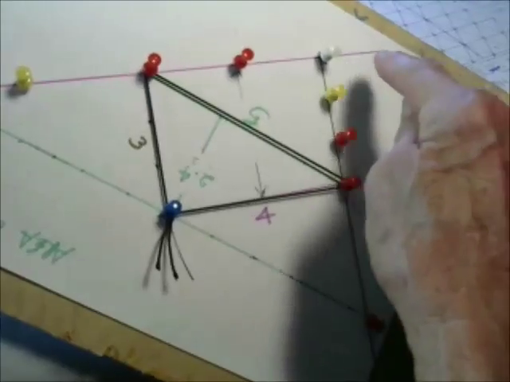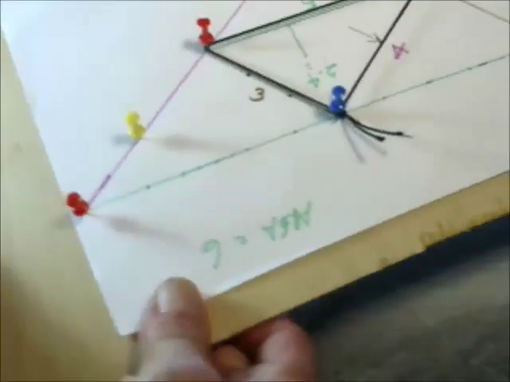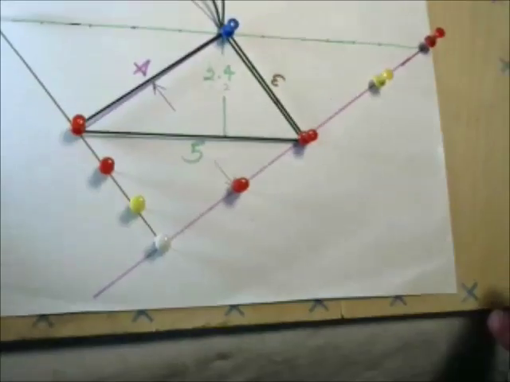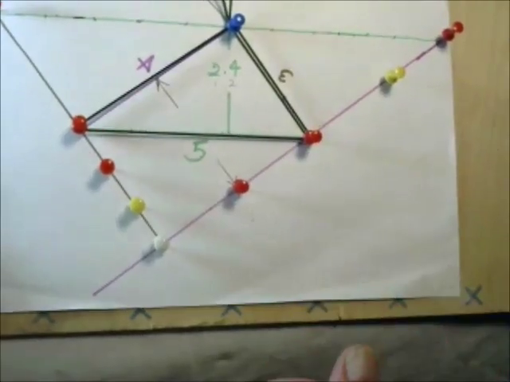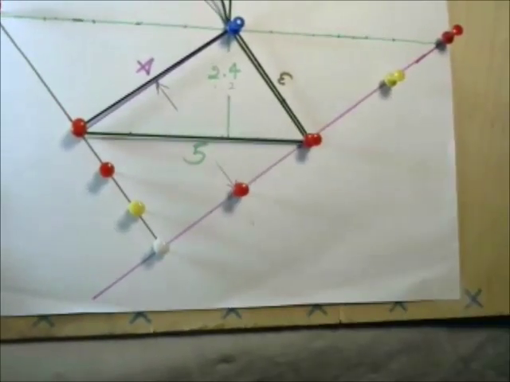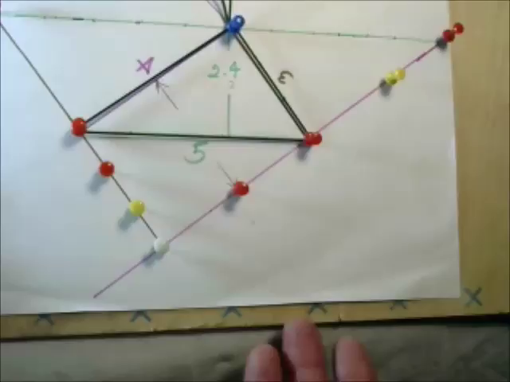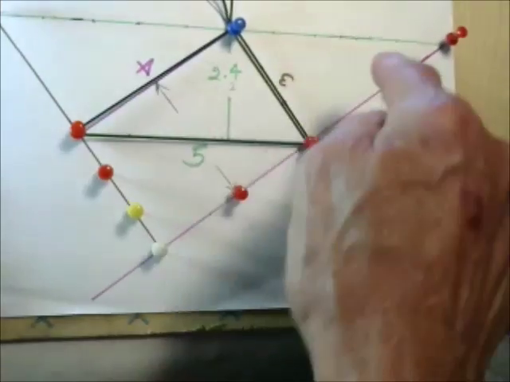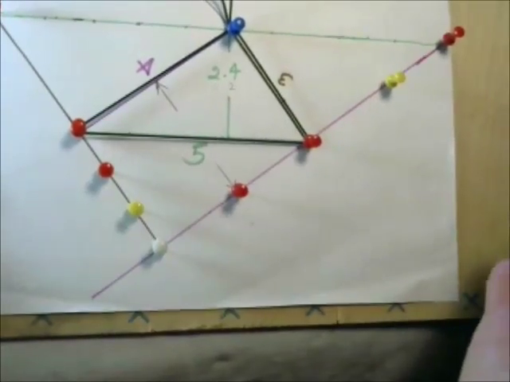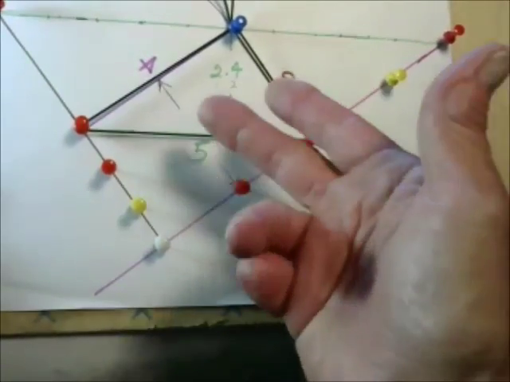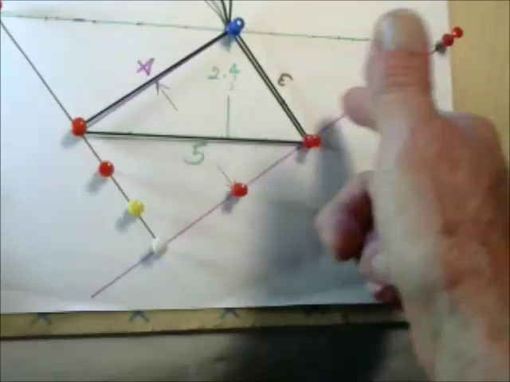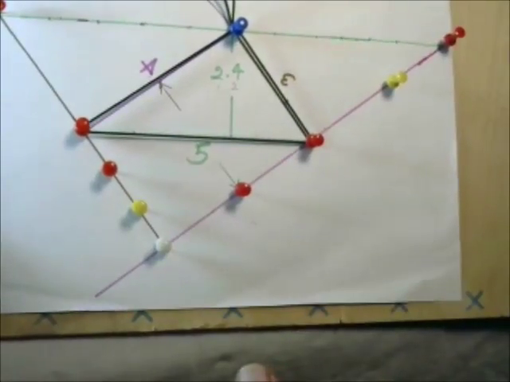We have our parallel line up here. Now what we end up with is a larger triangle, a 2-frequency triangle of exactly the same 3, 4, 5 triangle, here, here, here, and here, which makes the total area 4 times 6, which is 24, the total area of the big triangle.